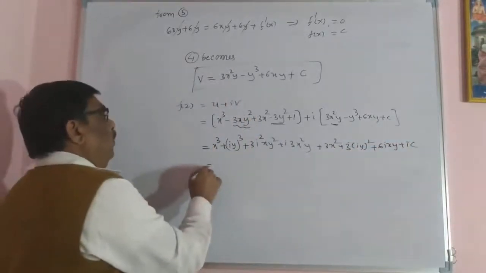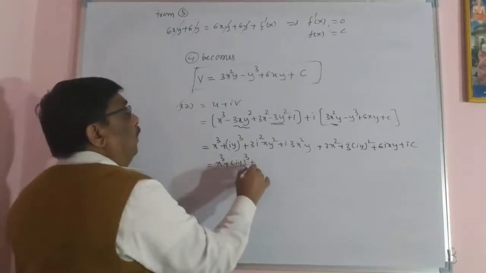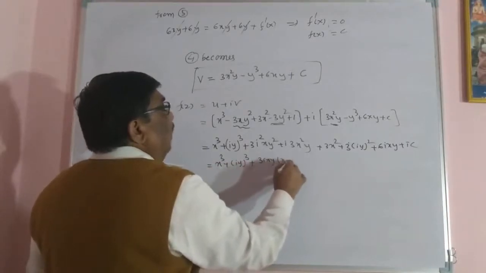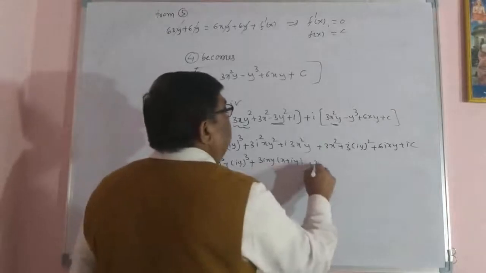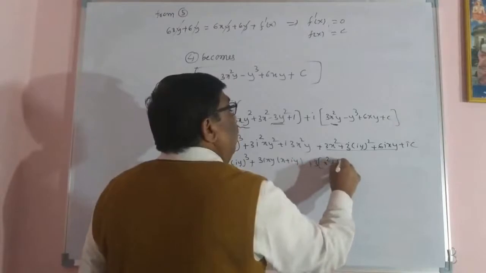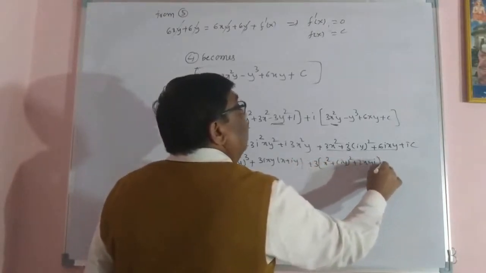It is now x cube plus (iy) cube. If I take 3ixy outside, (x plus iy), plus 3 is taken common in these three terms, (x square plus (iy) square plus 2xyi) plus ic.